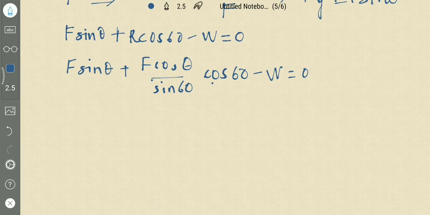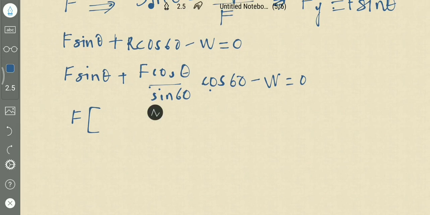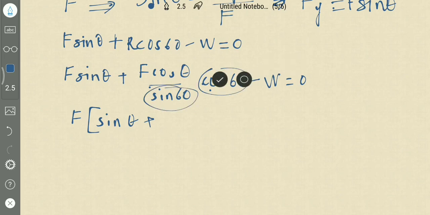If we take F common here, F into sin theta plus cos theta by, cos 60 divided by sin 60 is cot 60, and this cos theta.